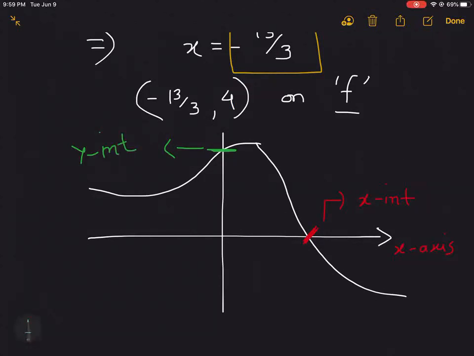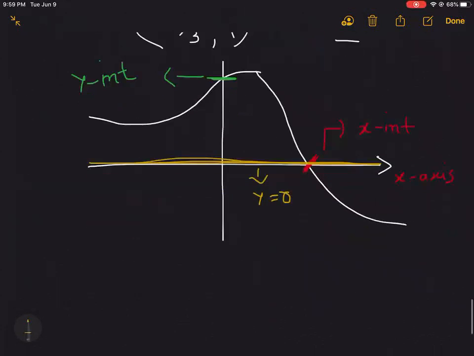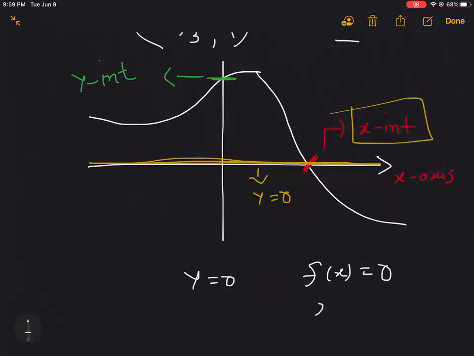Okay, and a very clever way to calculate the y-intercept and x-intercept is, as you can see, this is the x-axis, and on this line, y is always 0, right? So if you're trying to find the x-intercept, if you just plug in y equals 0, that means you start with the functional value 0 and solve it for x, you should get your x-intercept.